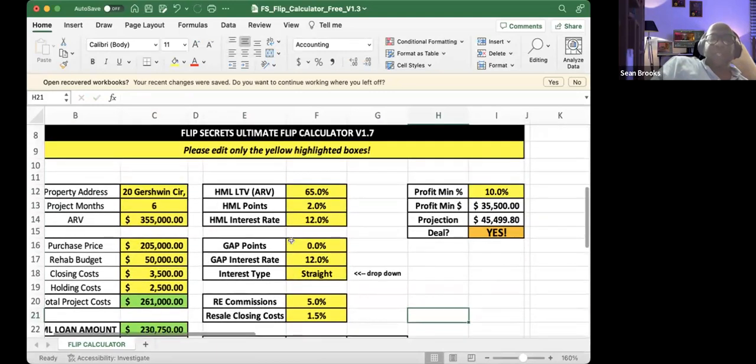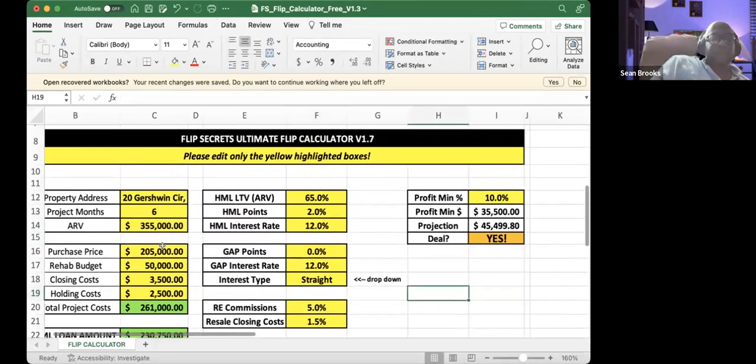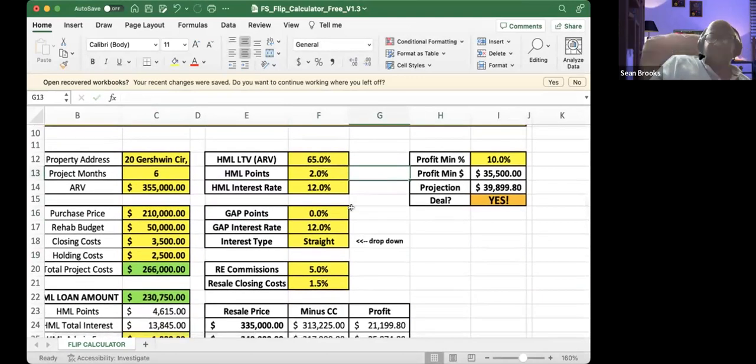Now, if you don't have to get a gap funder, let's say you had money, then you would actually make more money. So let's look. You'd have to make $51,000, right? 5%, or if you try to go lower for the commission, you could also do that. Let's say 12% for the gap. Let's say you paid 210. $39,000.